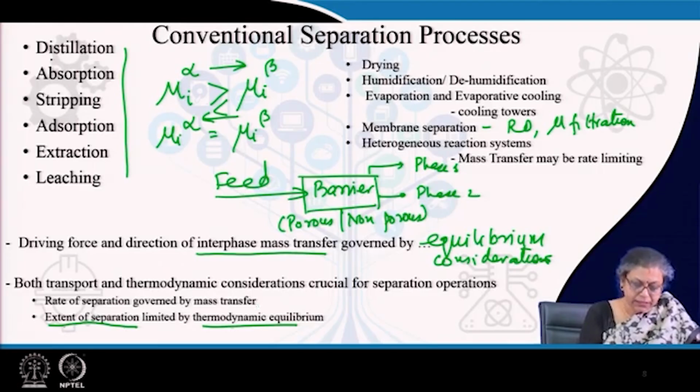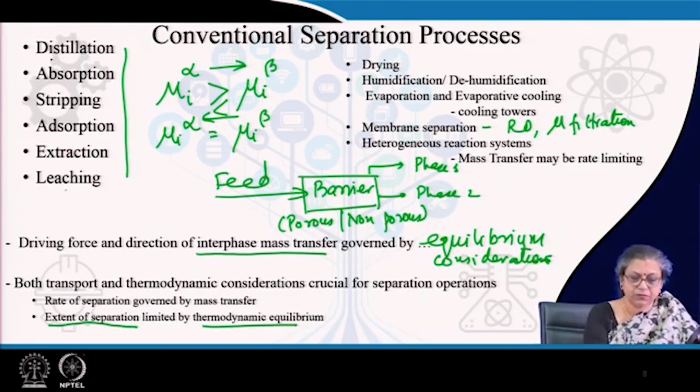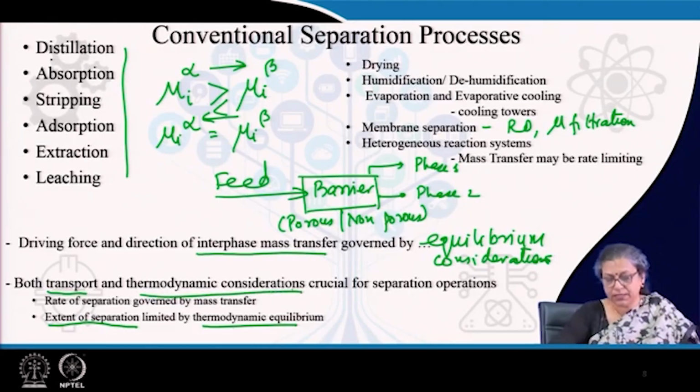While on the other hand, the rate of separation is governed by mass transfer. So, for the design of these separation processes which I have listed up here, we need to consider both transport as well as thermodynamic considerations.